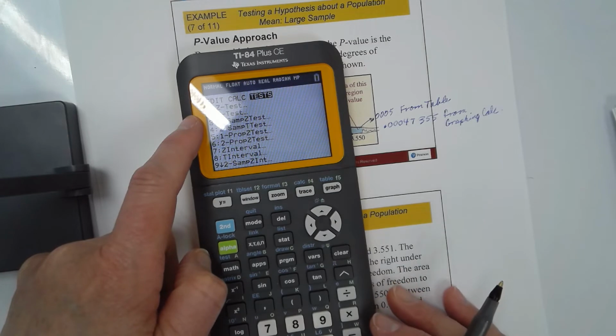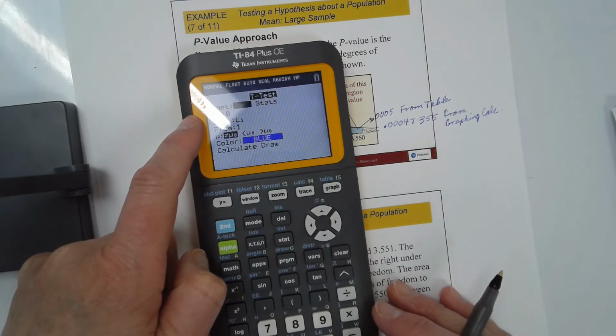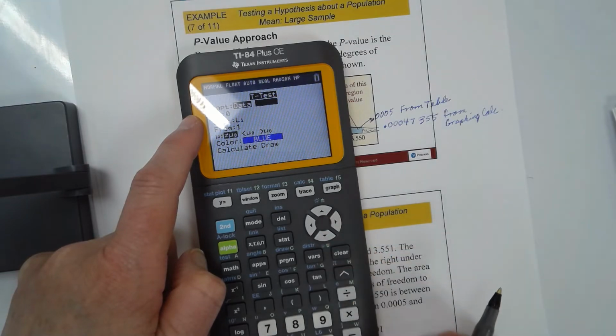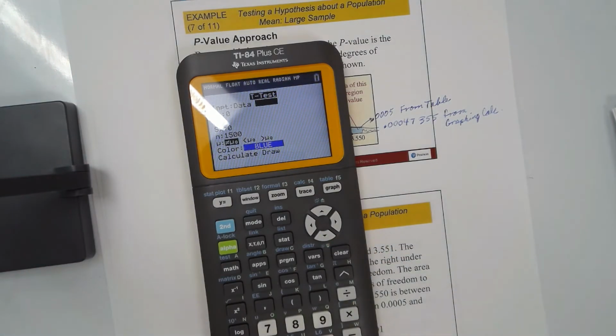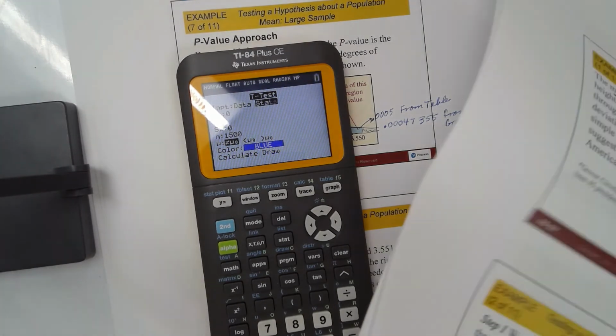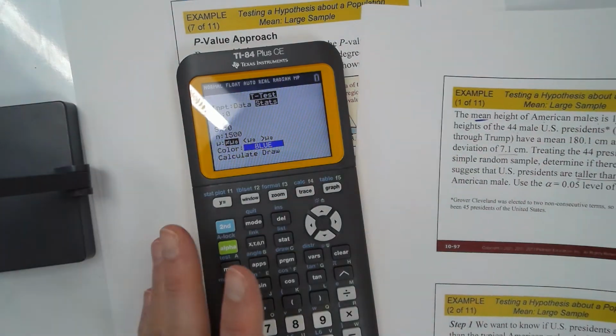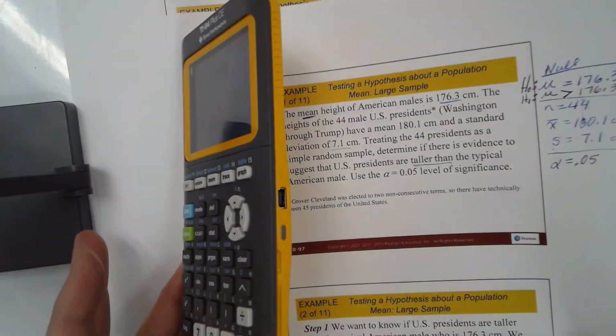Then put in the stats, because in this problem they told us the statistics. If you have a list of values, you can put your data in list 1, choose data, and it'll calculate everything for you.